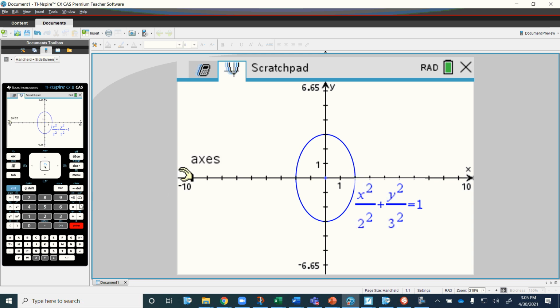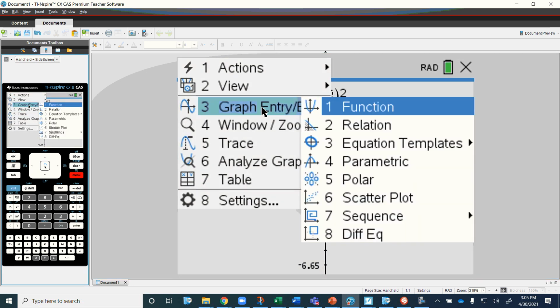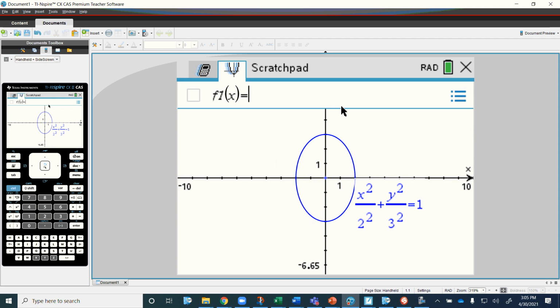And the tangent line that we just came up with, let's graph that one. So this will just be a normal function.